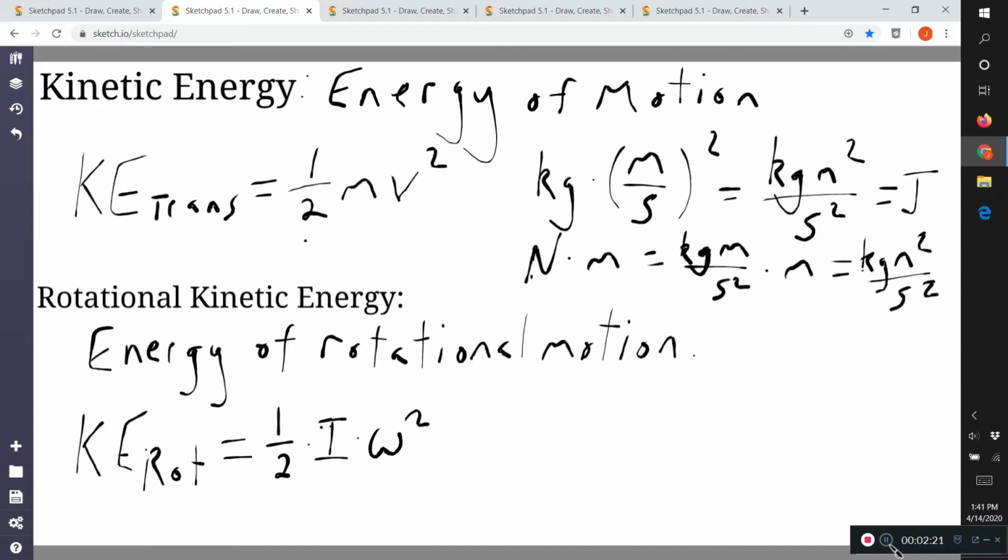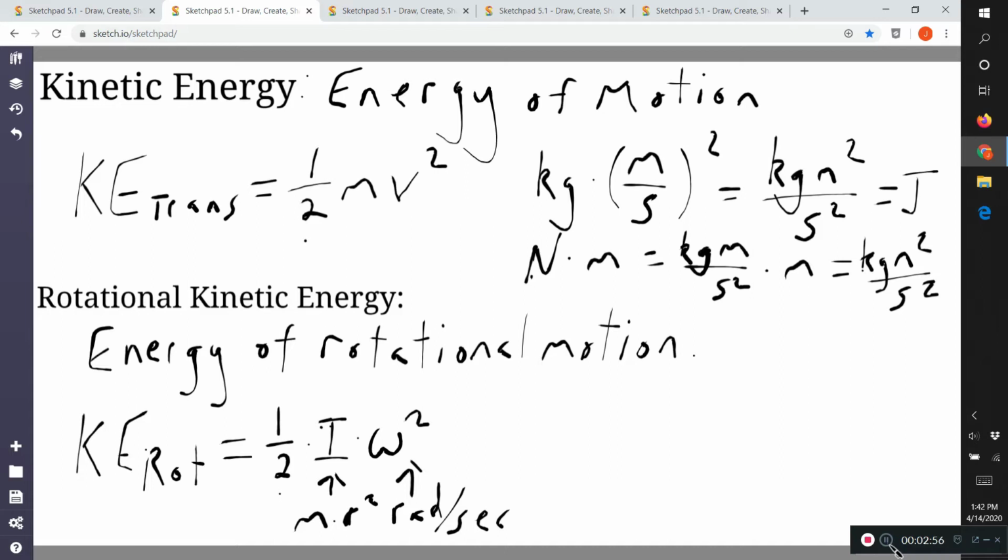So again, the 1/2 out in front, there are different formulas for moment of inertia, but one of the most common ones is mass times radius squared. And angular velocity is radians per second. Remember, radians are unitless. So let's think about what all this would be measured in. We're going to have a constant with the 1/2. We're not considering that in terms of units.